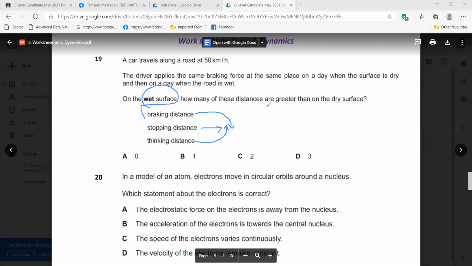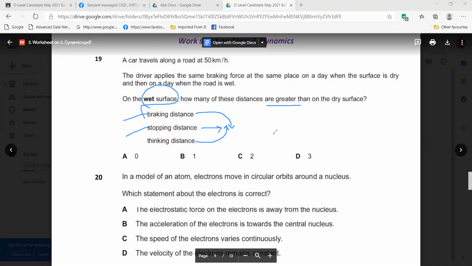Yes. So braking distance is greater and stopping distance is greater. These two are linked. So which one will be our option here? Correct option? C. Is it clear?